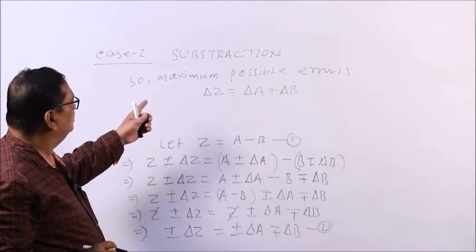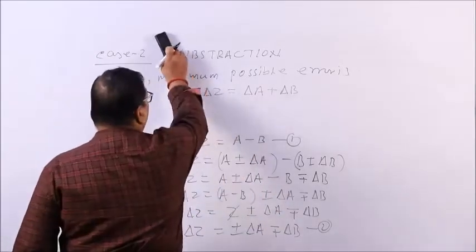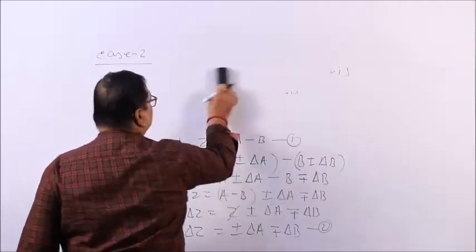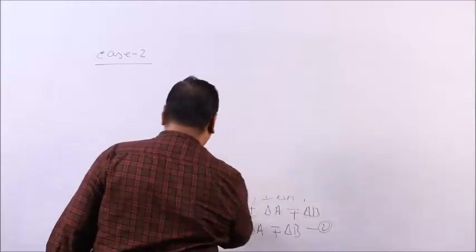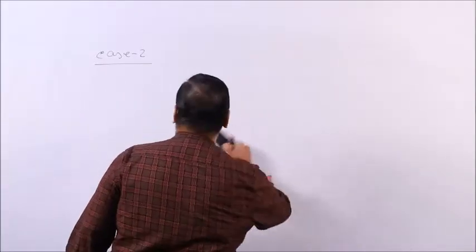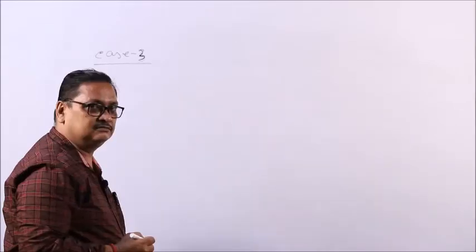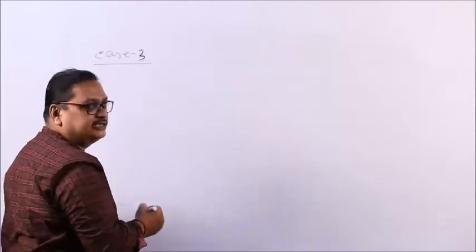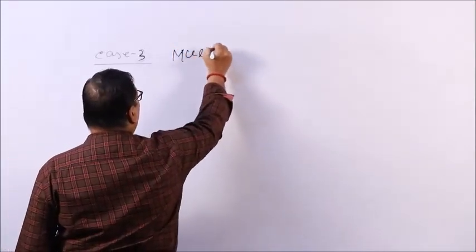Now, in case 3 we will see multiplication, and you just observe what the result is. Suppose there are two quantities and they are measured and there are absolute errors, and finally you multiply the quantities. We will discuss multiplication.